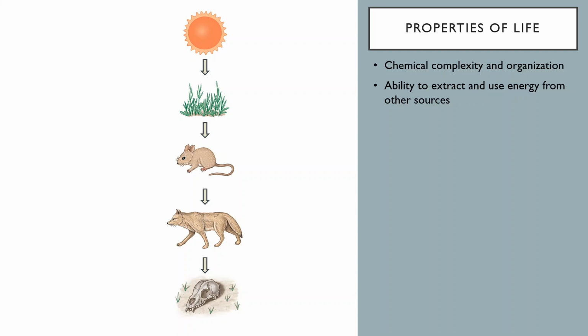Eventually, even animals that eat other animals die, and their nutrients, their energy and matter, turn back into energy and matter for microorganisms and new plants to grow, and so on and so forth. But at each stage, you have living things taking energy and matter from other sources and using it.